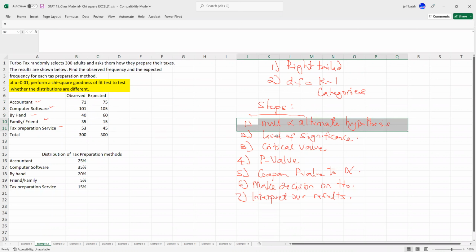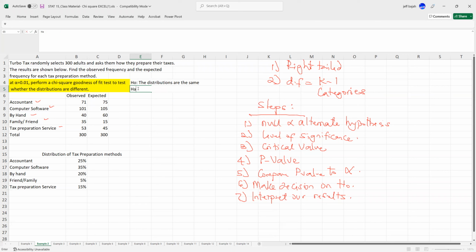So the first step says we should state our null and alternate hypothesis. So we're just going to come here and say, H sub O, in this case, the distributions are the same. So this is saying that the observed and the expected distributions are the same.